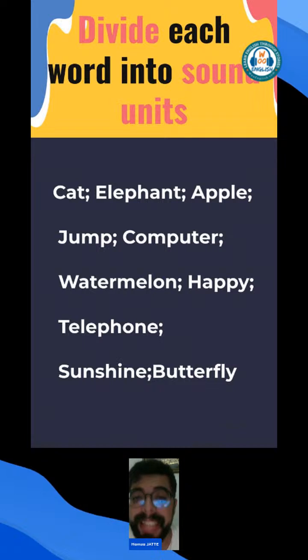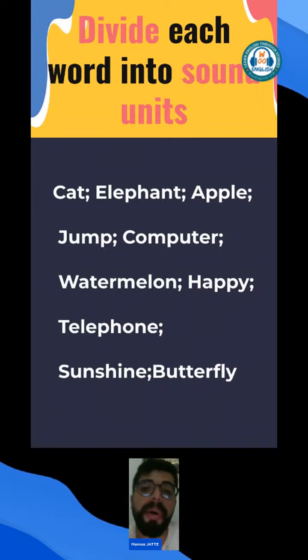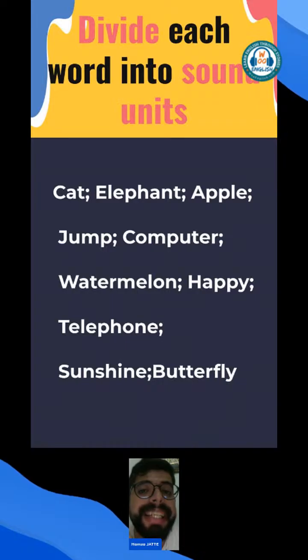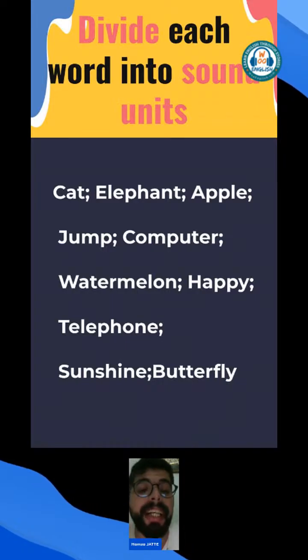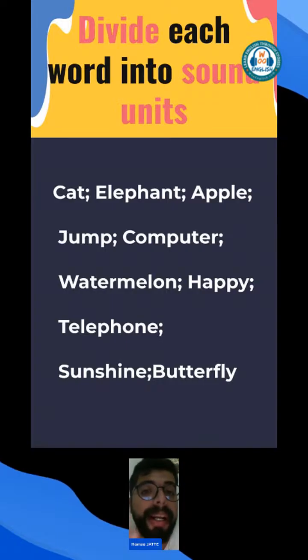This simple task actually will be very important later on when we will try to learn about the stress patterns in English. And stress patterns are actually what will make your pronunciation sound very native-like.